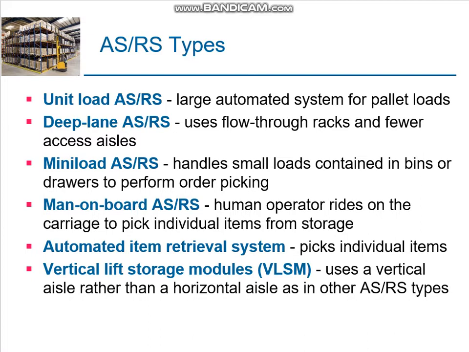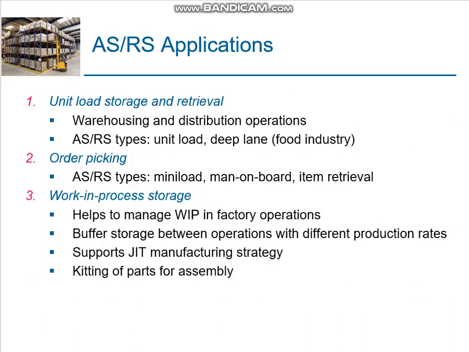Man on board ASRS can also accommodate a human operator who rides on the carriage to pick individual items. There is also the automated item retrieval system to pick individual items, as well as the vertical lift storage modules, or VLSM, that use a vertical aisle rather than a horizontal aisle as in other ASRS systems.